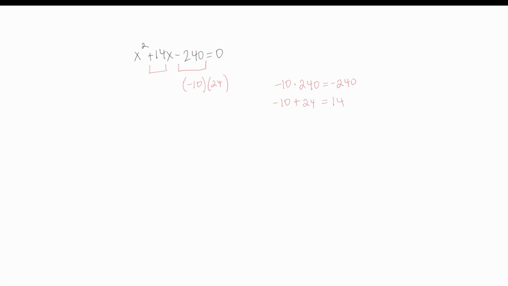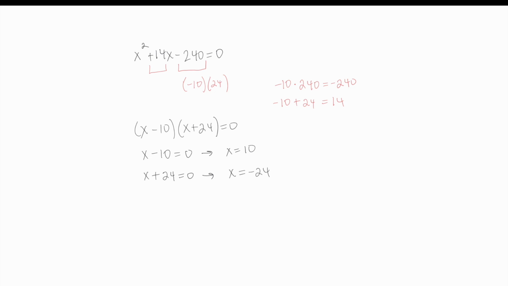So this trinomial becomes x minus 10 times x plus 24 equals 0, and then we solve by making each set of parentheses equal to 0. So the first x is going to be positive 10, and the second x is negative 24.